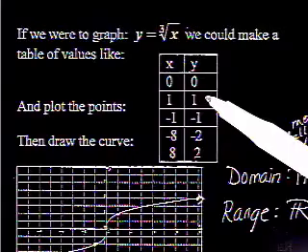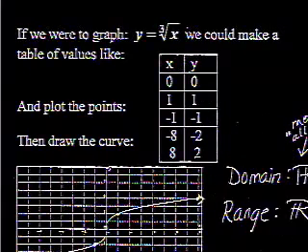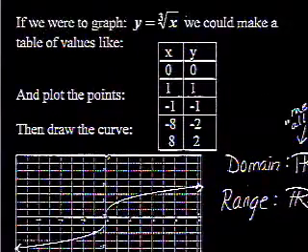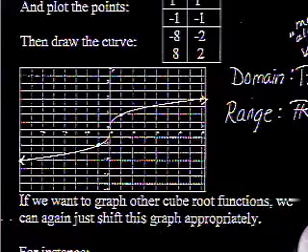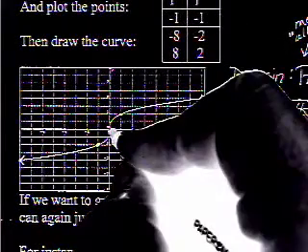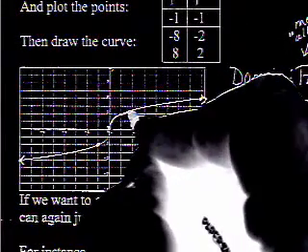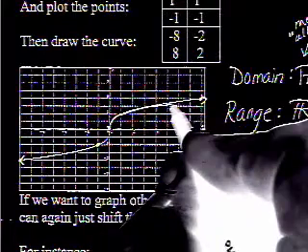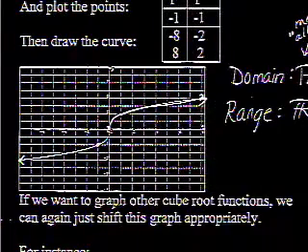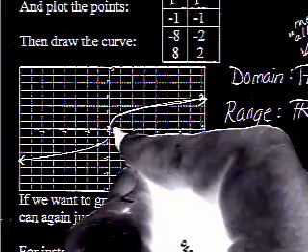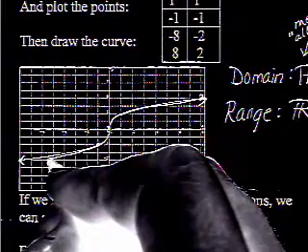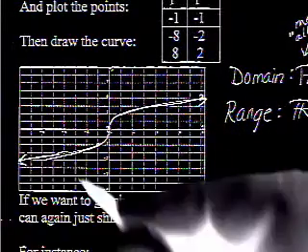And we'll take cube roots of them and find 1s and -1s, 2s and -2s. When you graph it, you get a shape that looks like this. Starts at the origin. Looks kind of like the top half of a sideways parabola, but the bottom half goes in the opposite direction.